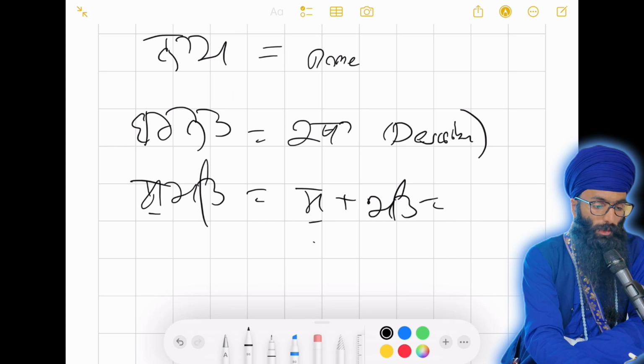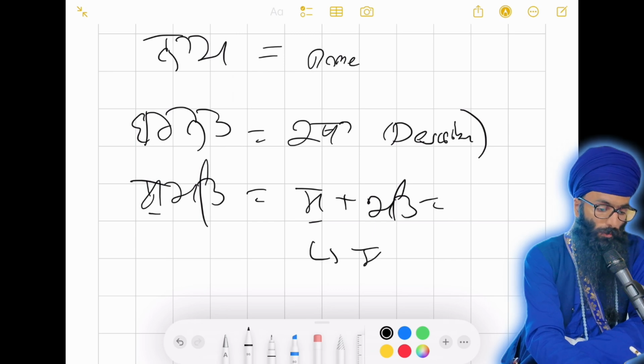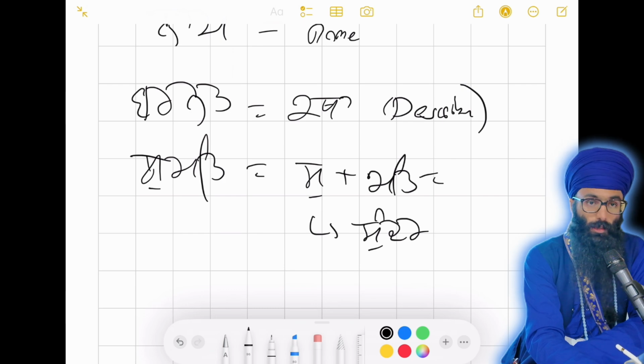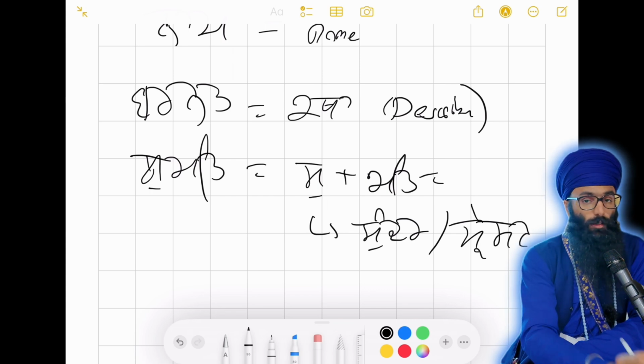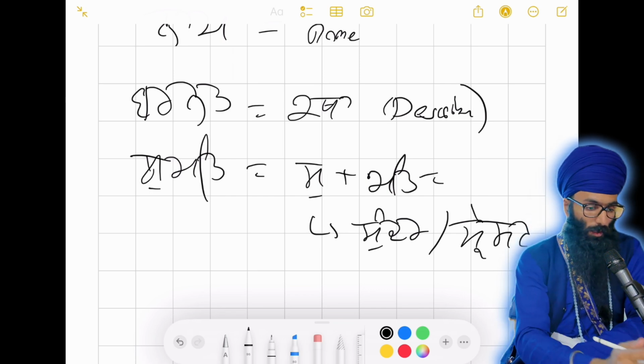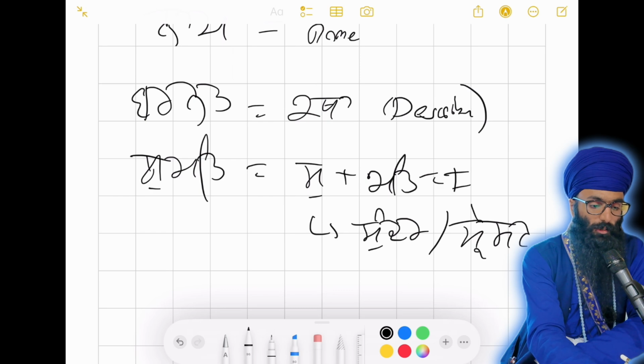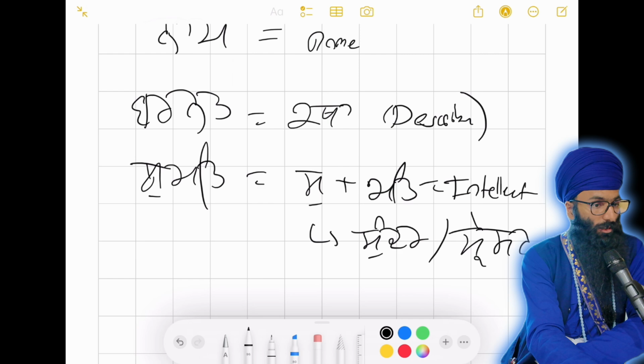Okay. Su means sundar. Beautiful. Okay? Sundar. Or sresht. Highest. Okay? Mat. Mat means intellect. Okay? Mat means intellect.